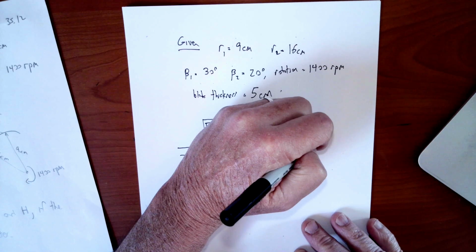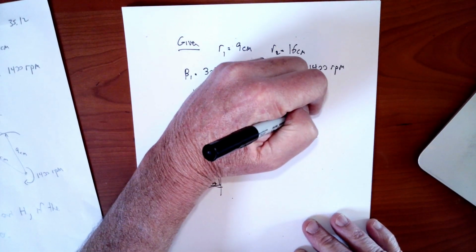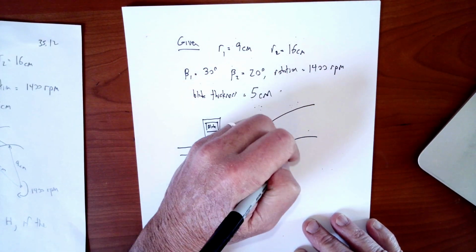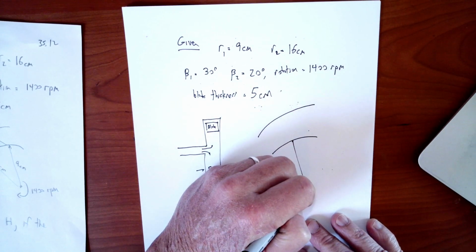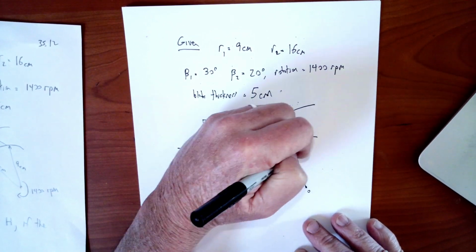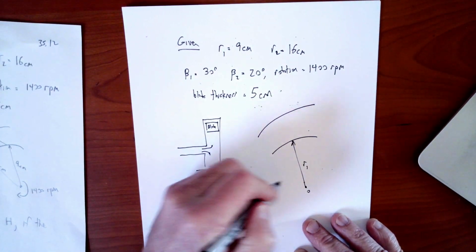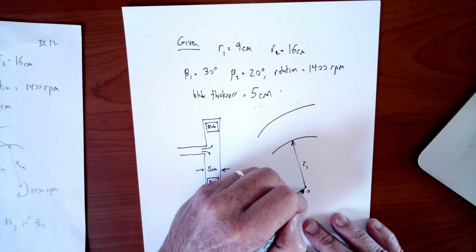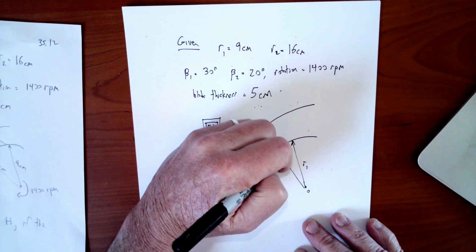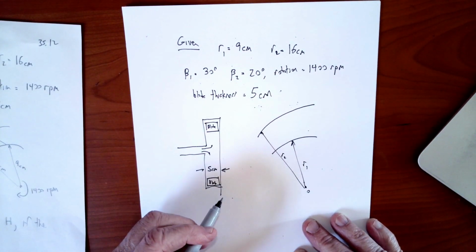Again, we'll draw the picture here so you have all these dimensions. We have the rotation here, around some point O, which would be the axle. That would be your R1, where the inner part of the blade is, and then R2 would be the outer edge of the blade.